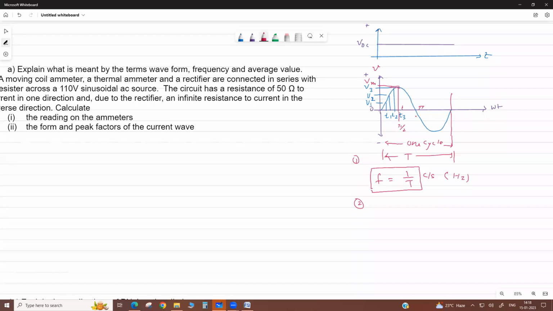The variation of magnitude with respect to time is called a waveform.